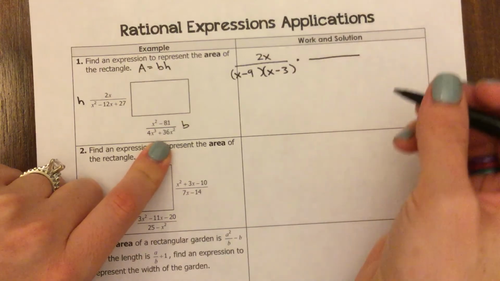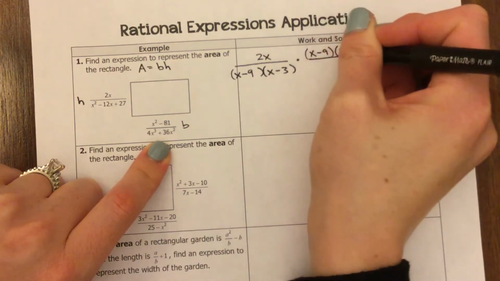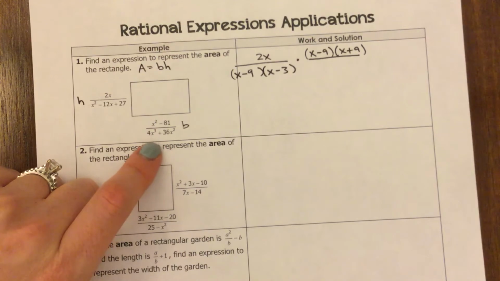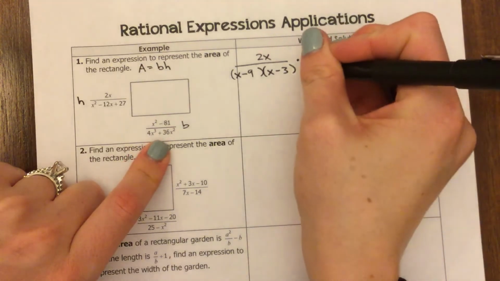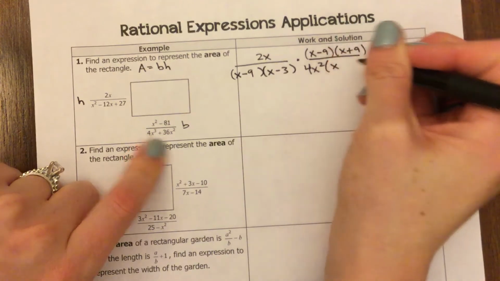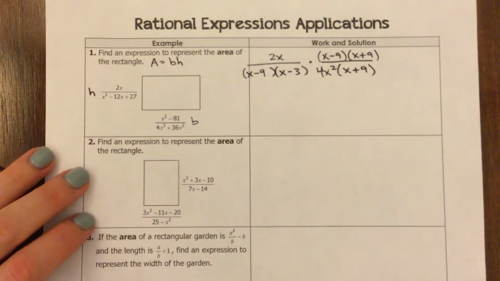Hopefully we recognize that as the difference of squares, so that would be x minus 9, x plus 9. And then the denominator, 4x cubed plus 36x squared. We can start that one with a GCF. There's a 4 and an x squared that they both have in common. If you take that out, this leaves you with an x and a plus 9. So everything is as factored as it possibly can be.